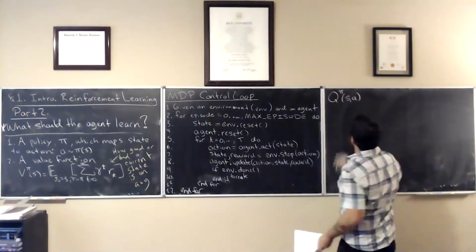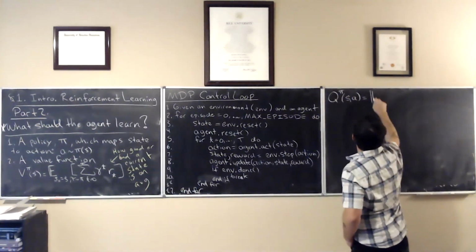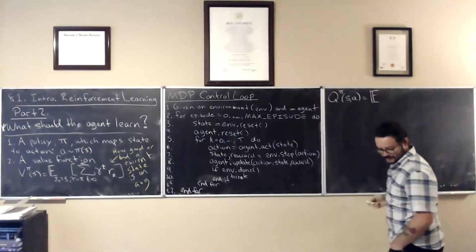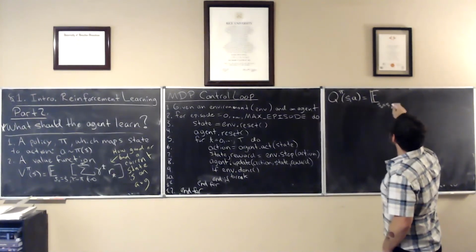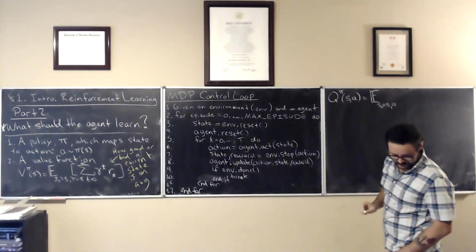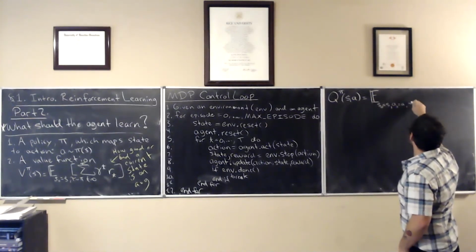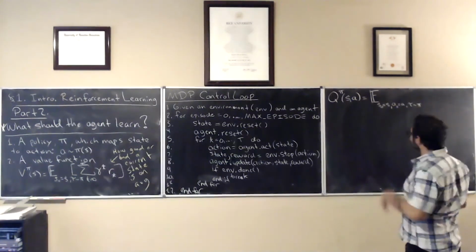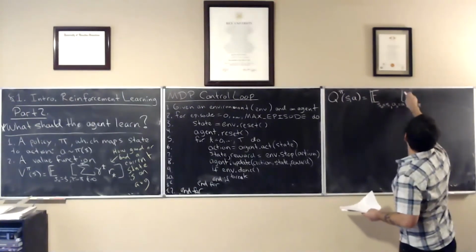This is now defined on a state action pair. And this is the expected return. So now we're looking at a state S and an action A, and a trajectory taken over some distribution of the reward.